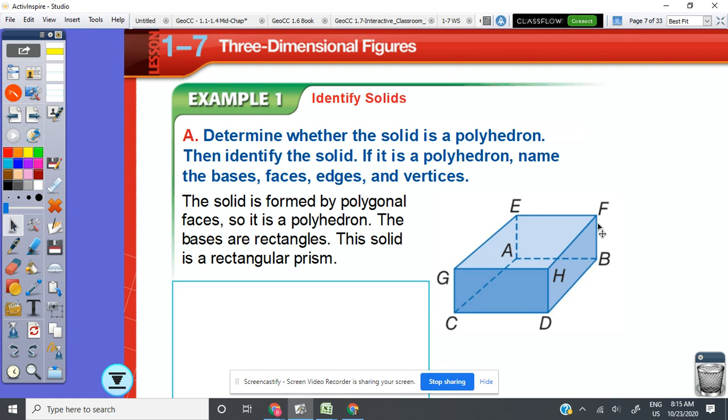I was just going to get into that. Good catch. So my last one coming around is H, D, C, G, the front. But now with my faces, the base is also a face, so I've got to rename them as well. So I've got to say G, E, F, H again. And I've got to say rectangle C, A, B, D.